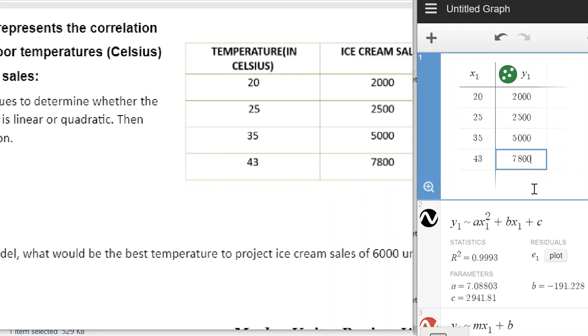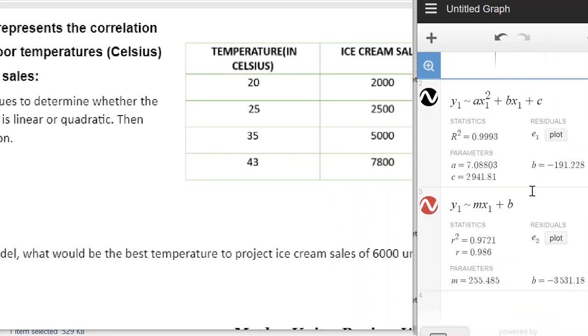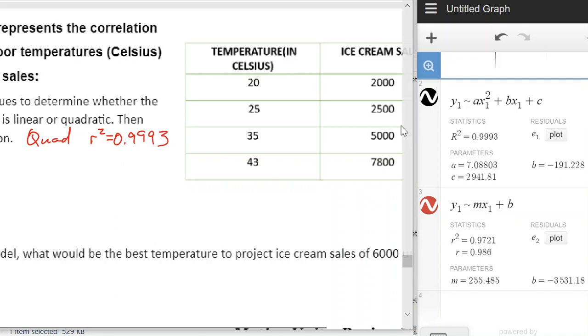Now, the question says use the R-squared values to determine whether or not the best fit is linear or quadratic. As we expect, the quadratic is a much better fit. Quadratic R-squared is 0.9993. Doesn't get a whole lot better than that.